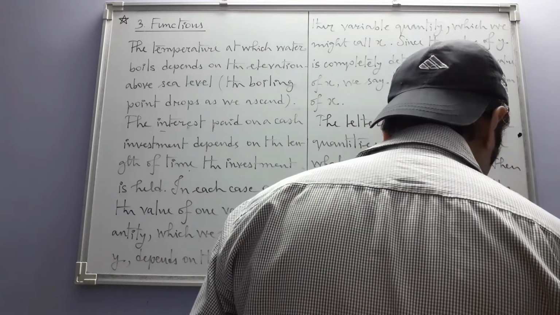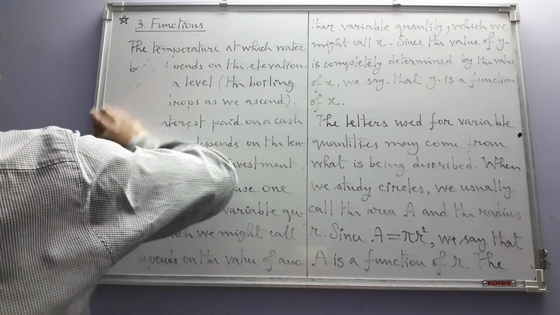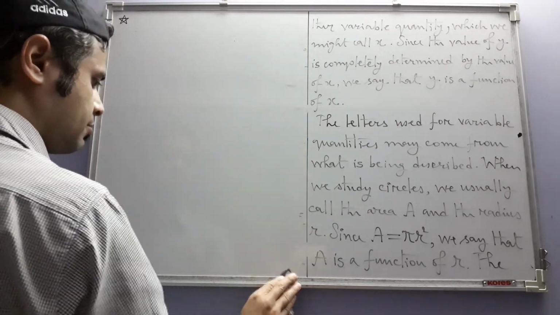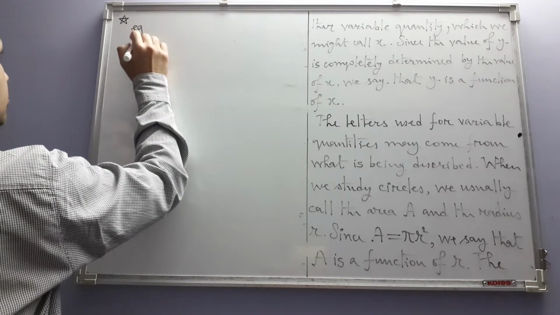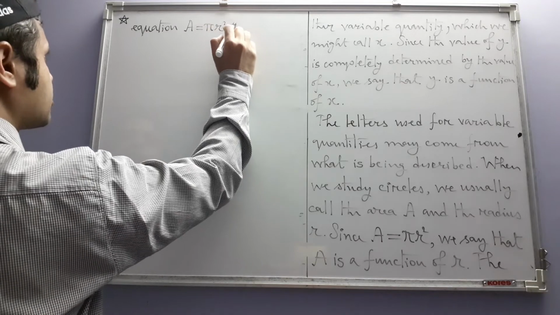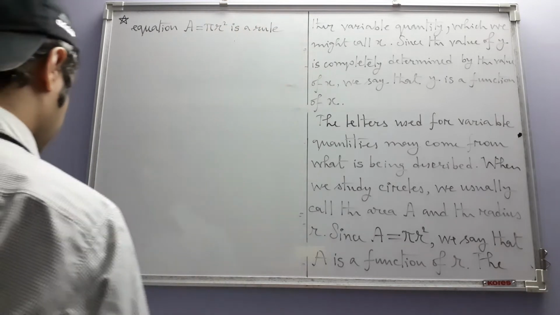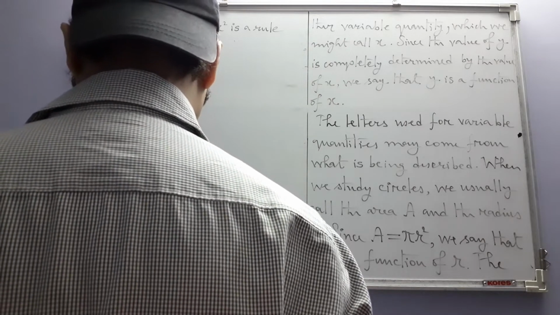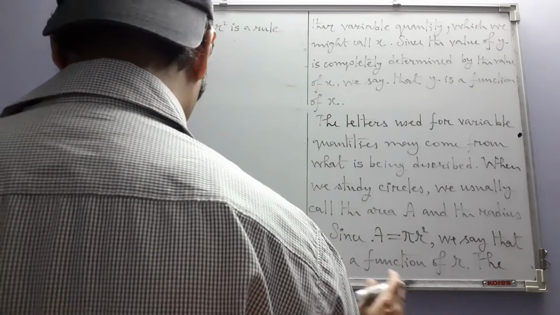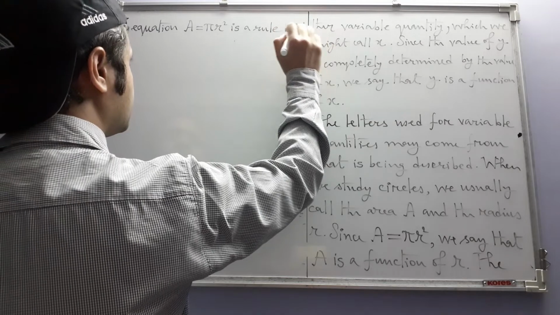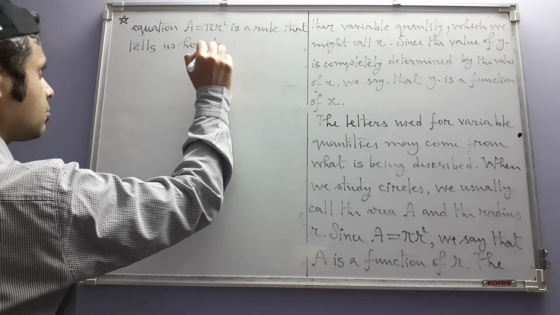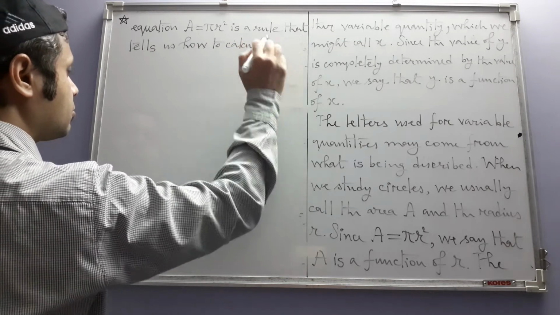The equation a equal to pi r square is a rule that tells us how to calculate a unique output value of a for each possible input value of the radius r.